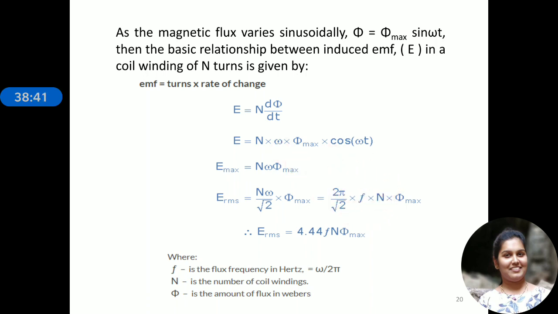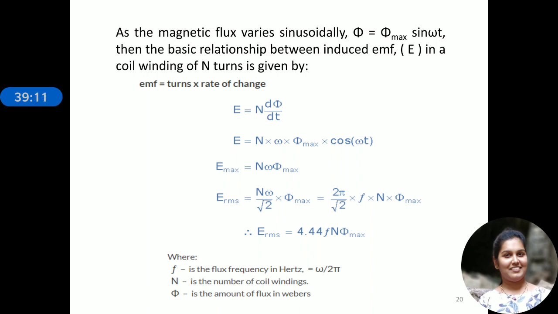So finally we can write E RMS is equal to 4.44 f N phi max, where f is the frequency in hertz, N is the number of coil turns, and phi is the magnetic flux, indicated in Webers.